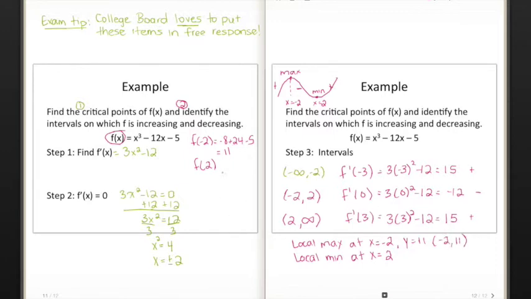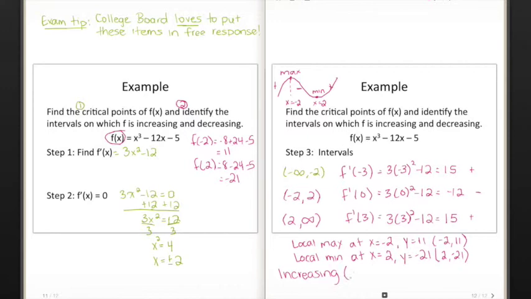And then f of positive 2 will give us 8 minus 24 minus 5, which is negative 21. So we have a local maximum at the point negative 2, comma 11, and a local minimum at the point positive 2, negative 21.